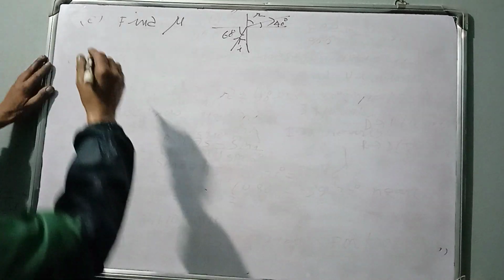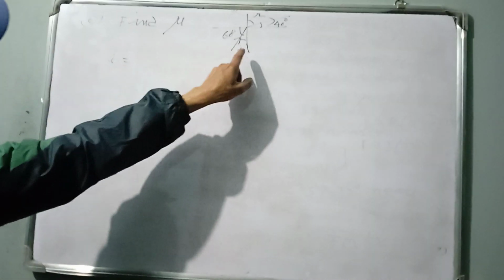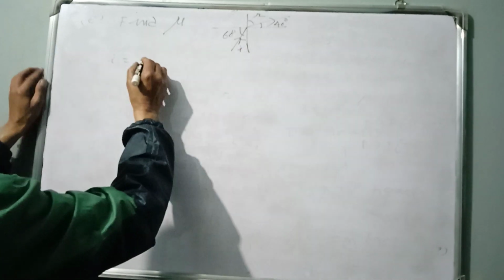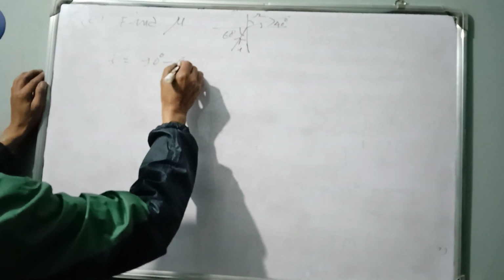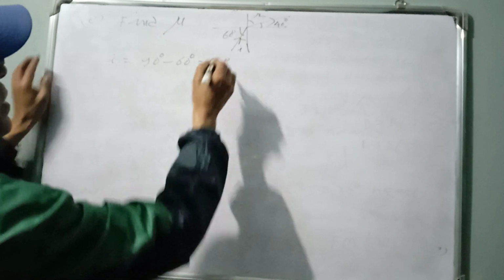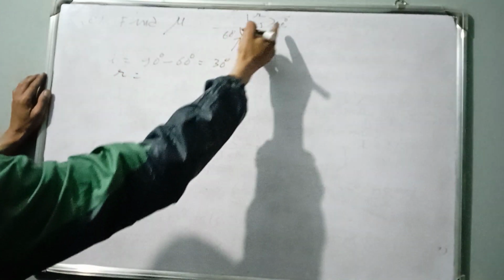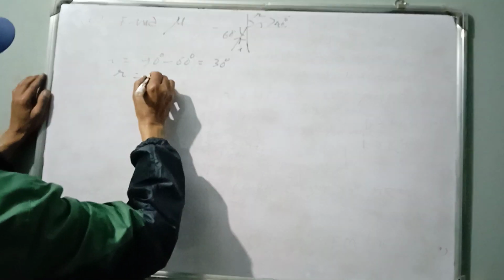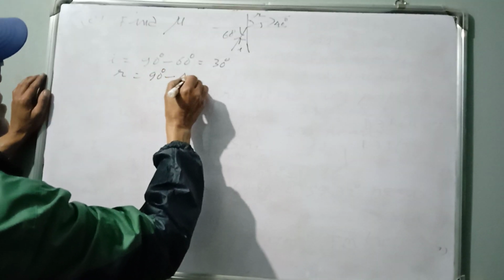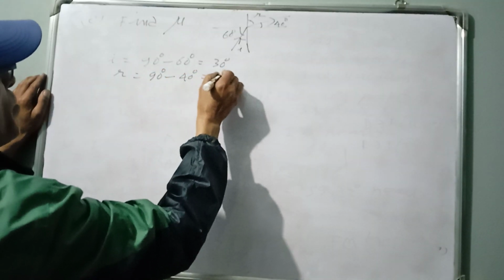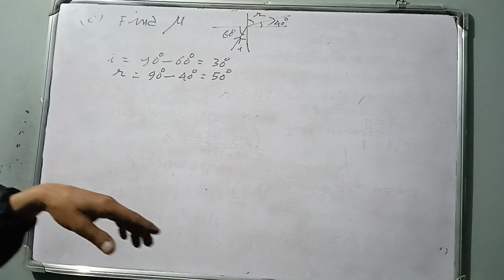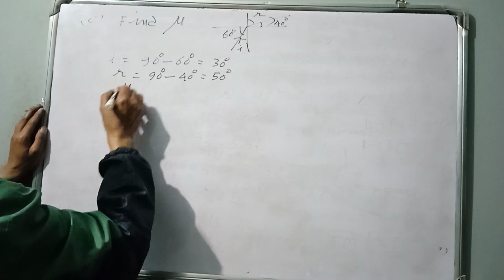How to find? Hint. I, angle of incidence equal 90 degree minus 60 degree. This is the angle of incidence. What is the angle of refraction? This one, 90 degree minus 40 degrees. 50 degree is angle of refraction. Mu what?